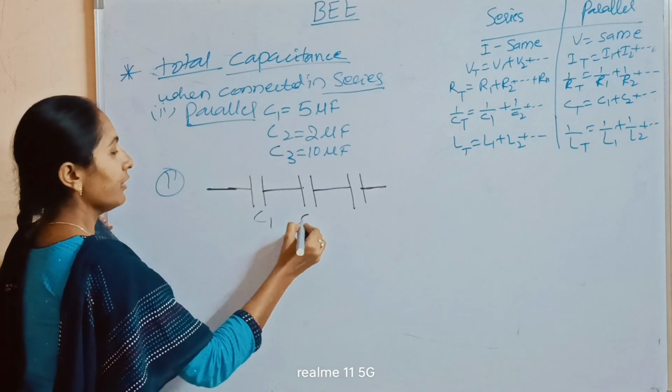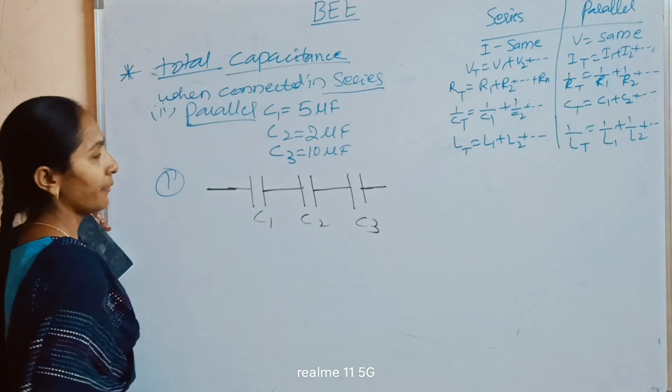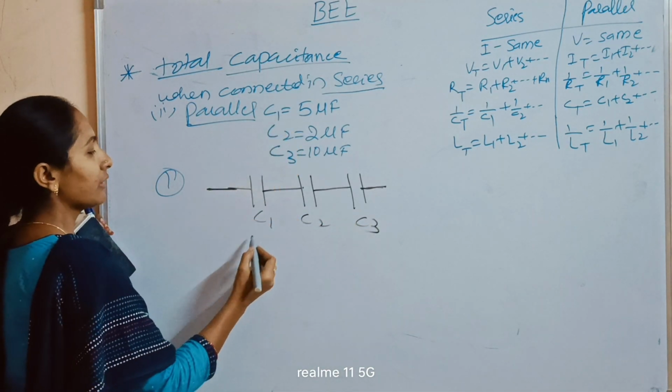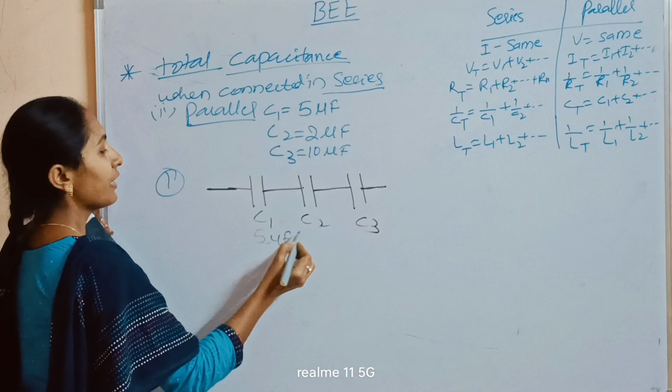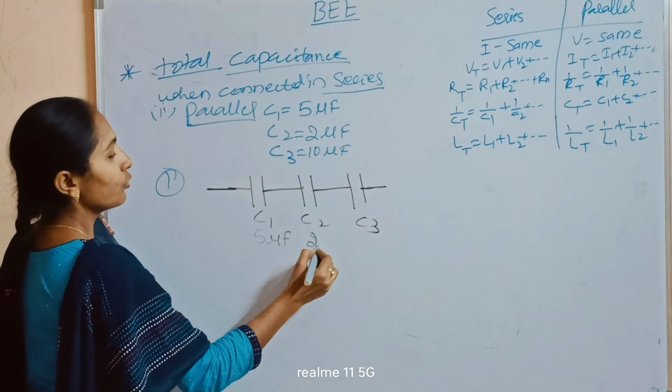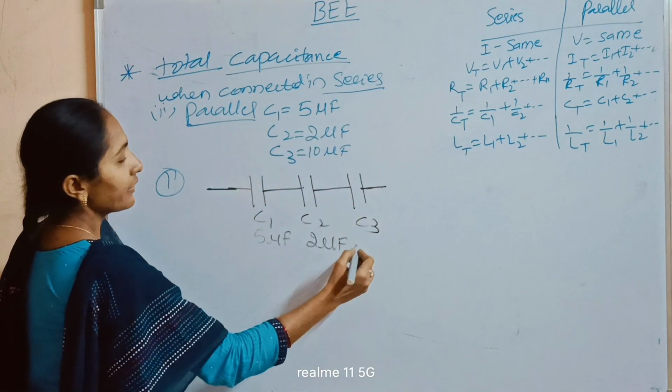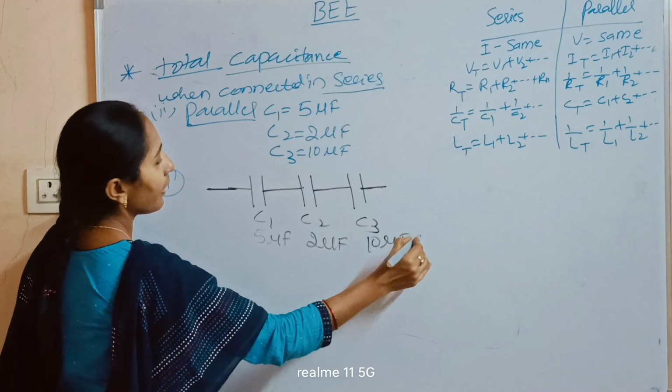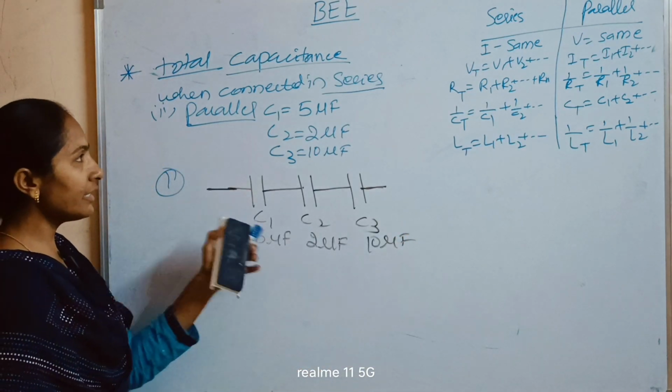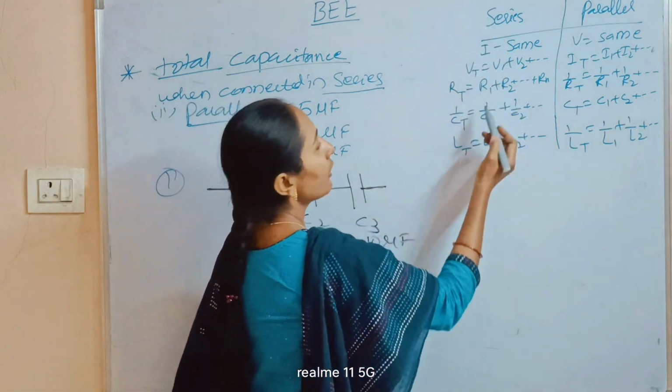Now this is C1, C2, C3. What is the value of C1? 5 microfarad, and C2 is 2 microfarad. Now C3 is 10 microfarad. For capacitors in series, what is the equivalent capacitance?